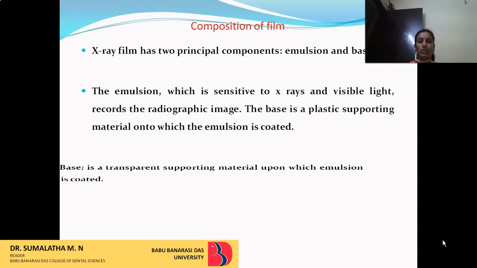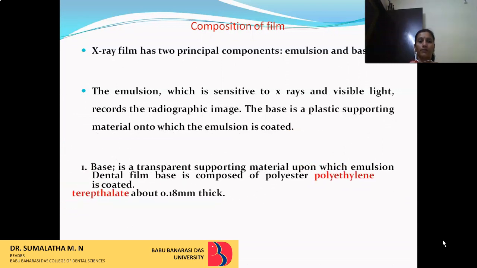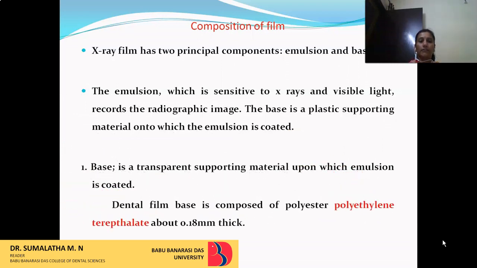Coming to the composition of the X-ray film. The X-ray film consists of two principal components, emulsion and the base. The emulsion is sensitive to X-rays and visible light. This records the radiographic image.